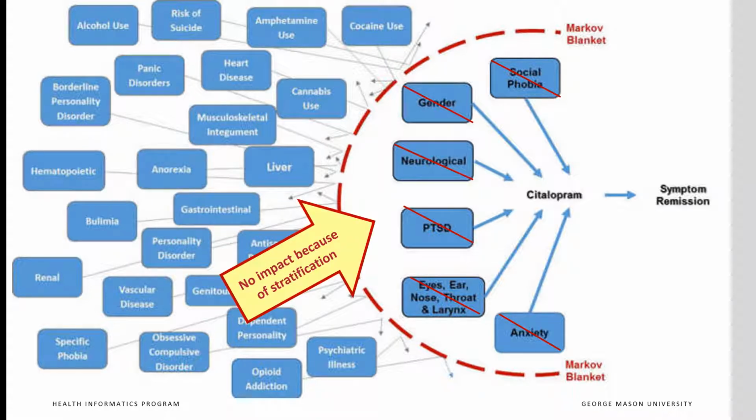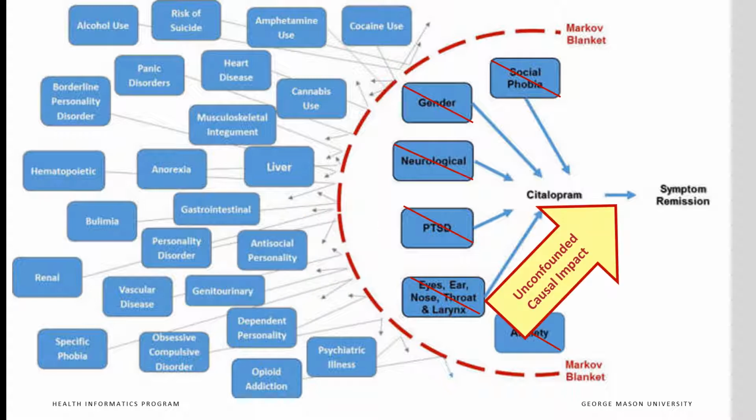The propensity of use of citalopram depends on the 6 covariates inside the blanket. These known predictors of treatment are stratified, and therefore we are examining the effect of treatment within these variables. So these variables are also not distorting the impact of treatment on outcome. We can now safely examine the impact of citalopram on symptom remission across strata defined by the 6 parents of citalopram.